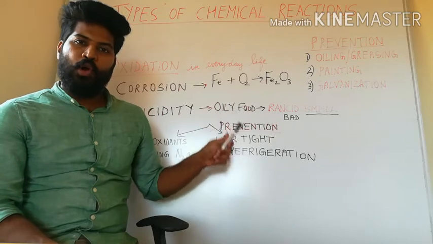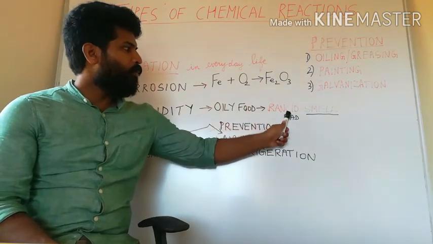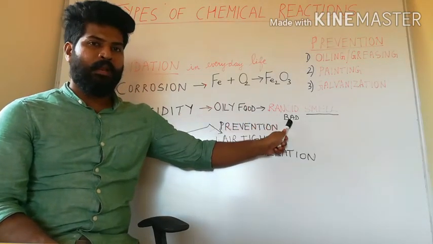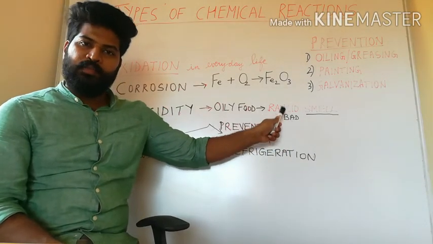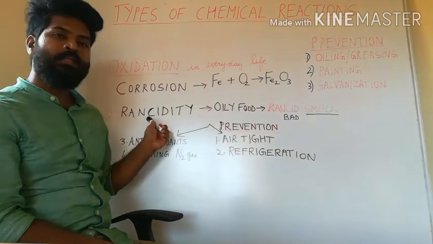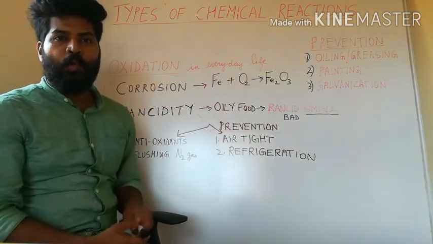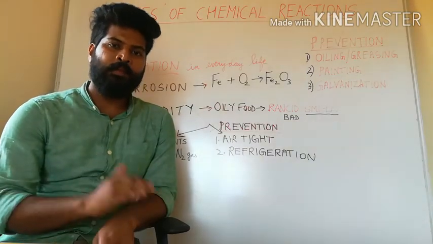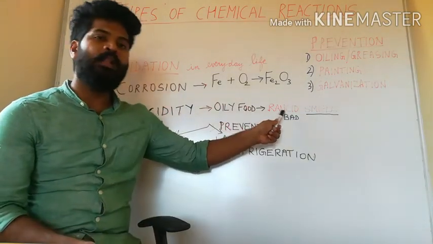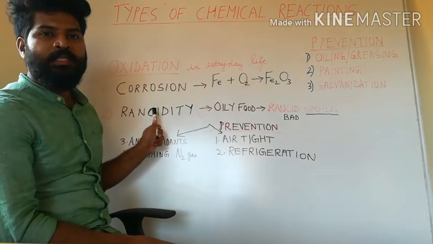It will undergo oxidation, thereby producing a bad smell known as a rancid smell. Very bad. So, when food containing oil undergoes oxidation, it produces a rancid smell. The phenomenon is called rancidity.